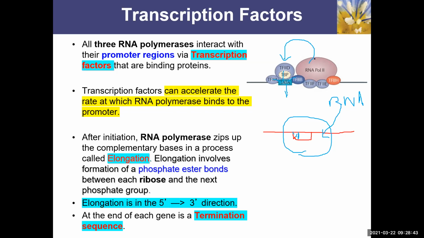Then the RNA polymerase will come and the transcription of the gene will be started. Is it clear?